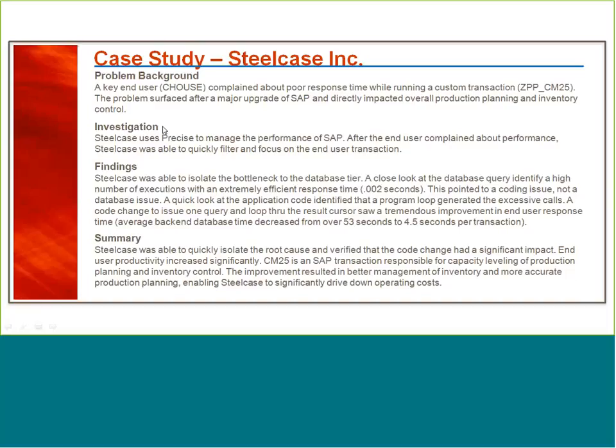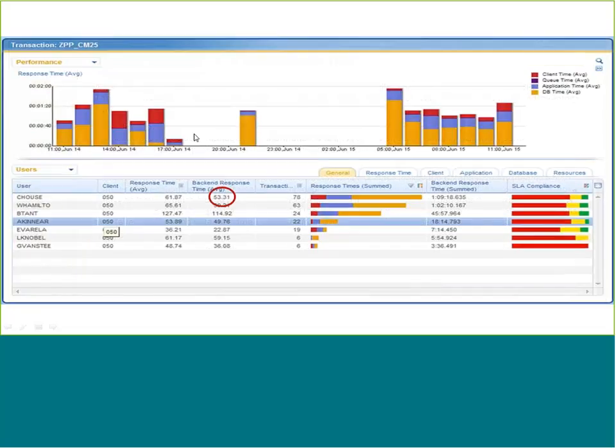What happened was they were developing a custom transaction for a user, and that user said, oh, this is so slow. And so the ABAP coder, that's the programming language in SAP, said, hey, this is a database issue. Well, they ended up opening up Precise. They measured the end user at 60 seconds, and 53 seconds of that was spent in the back end.